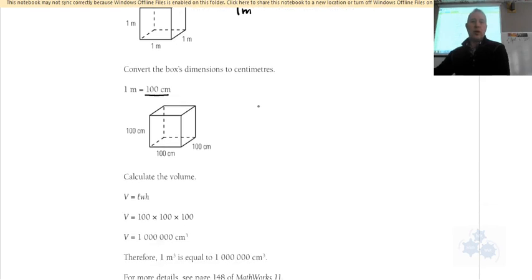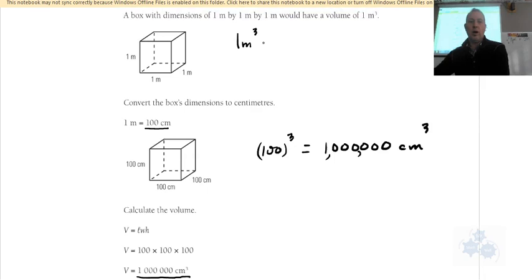So 1 meter cubed is actually 1 million centimeters cubed, because 100 times 100 times 100 is 1 million. So 1 million centimeters cubed is equal to 1 meter cubed.